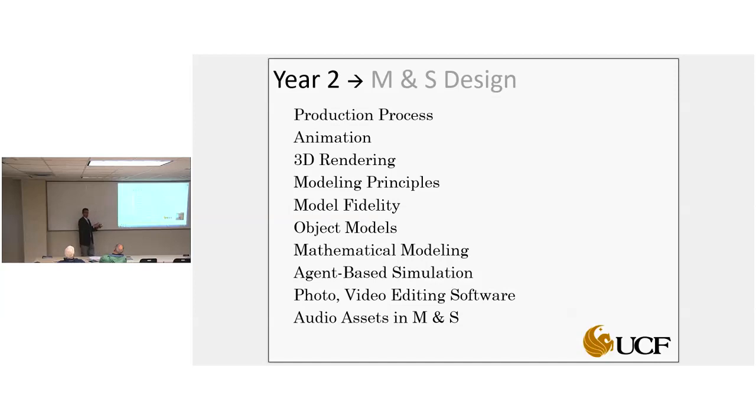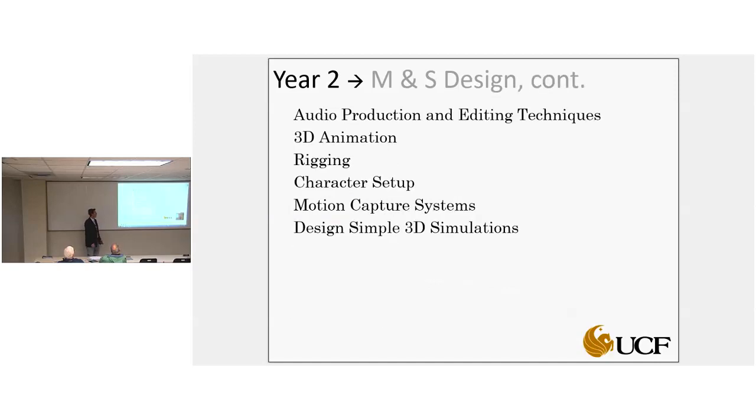So there are smaller projects in the courses along the way that build to this culminating activity in each year. And year one, it's a visual model. In year two, they get into the design aspects. So we talk about animation, model fidelity, photo and video editing software and how to use all those things, audio, 3D animation, rigging, all these things. And they create a simple 3D model for their professional portfolio.